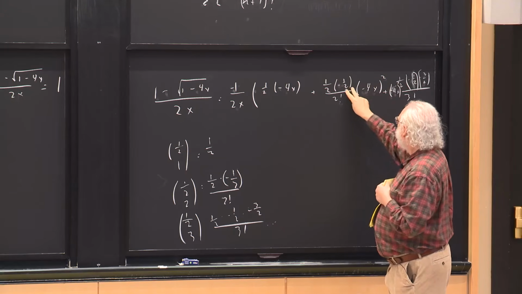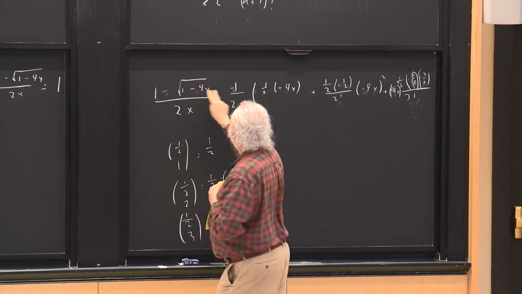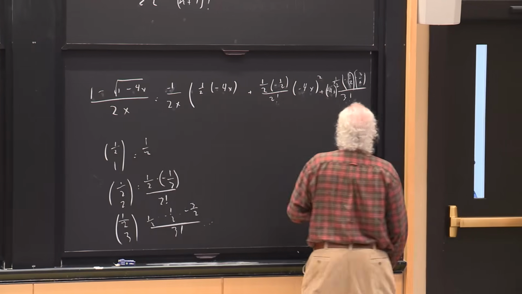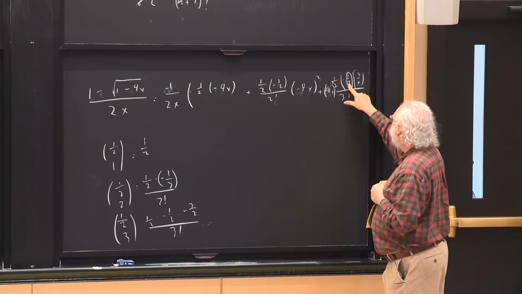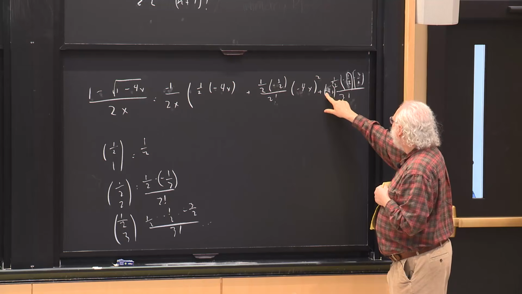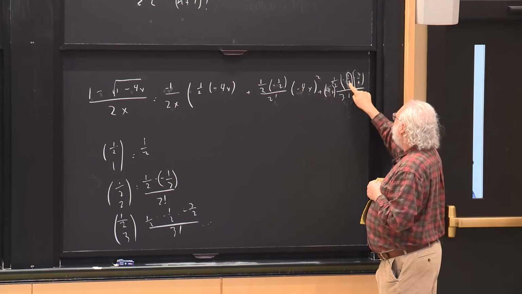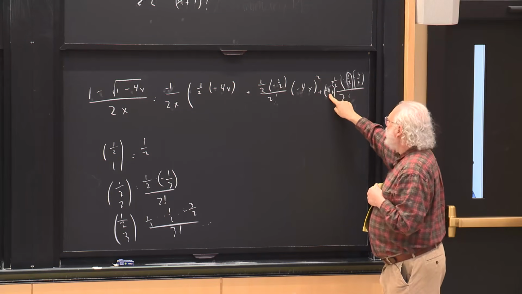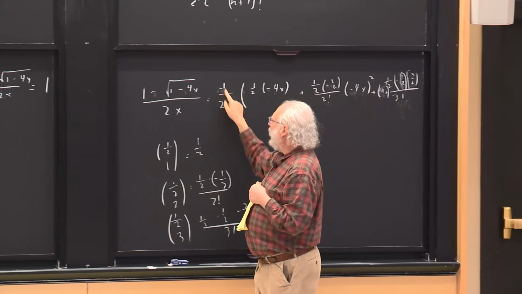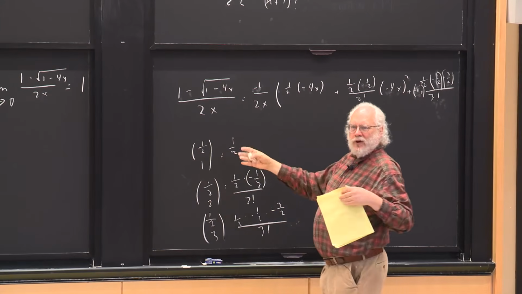So this is positive, this is minus, and this is minus. The third term, you have this minus, and this minus, and multiplying them all together, you get a minus sign, and it cancels out this minus sign, so it's positive.